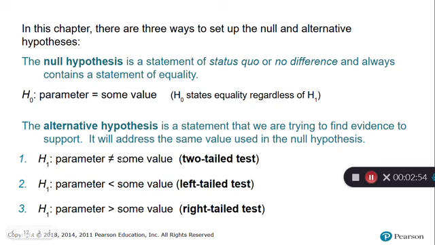If we have a not equal to, we call this a two-tailed test, and it has to do with shading in our normal curve. If I'm saying it's not equal to some value, that means I'm looking in either direction onto my two tails. If I'm saying my parameter is less than some value, then that is my left-tailed test. And if I'm saying my parameter is greater than some value, I'm looking at my right-tailed test.